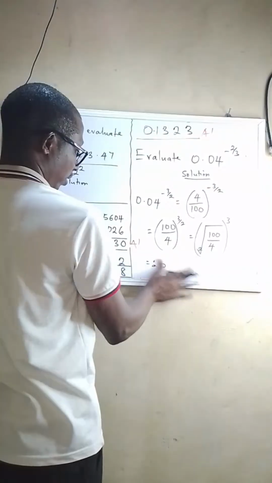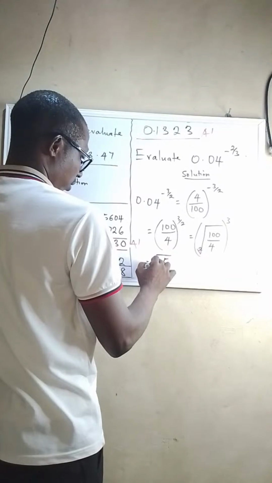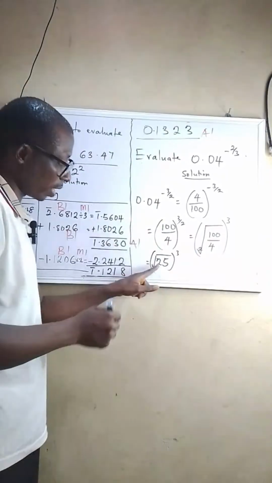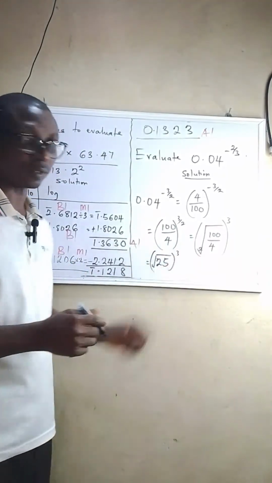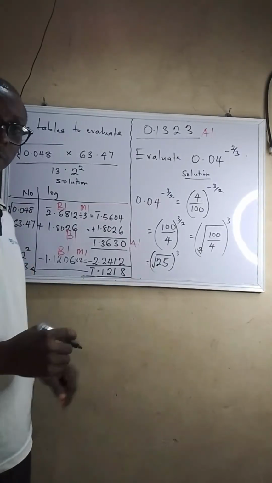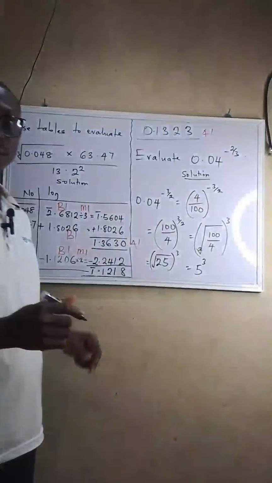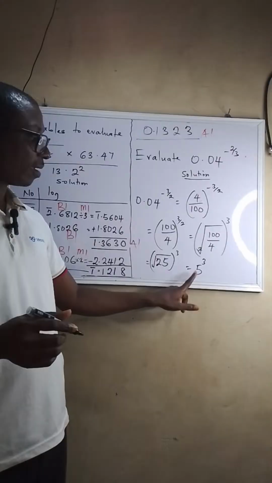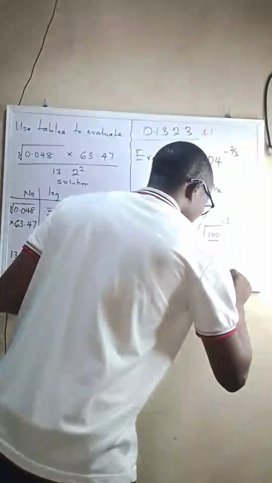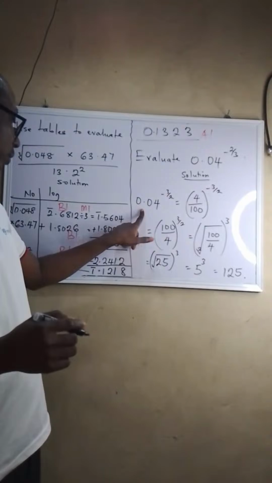We still have the square root there. Now you find the square root of 25. That's 5. So that would be 5 raised to the power of 3. Here you multiply 5 times 5 times 5. That gives you 125. So this is going to be the answer to this question.